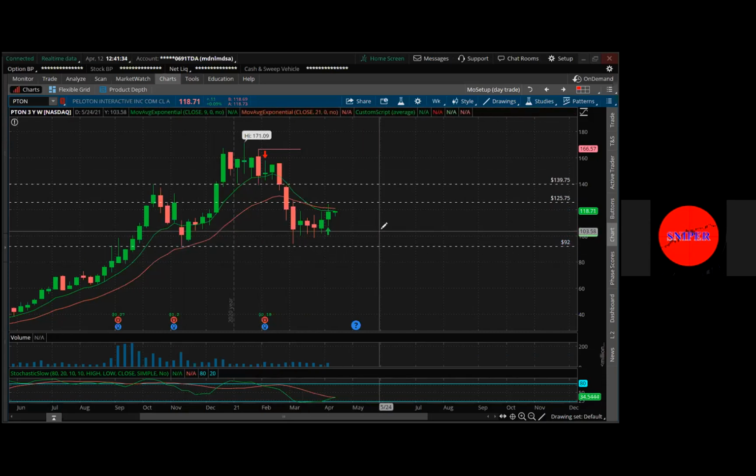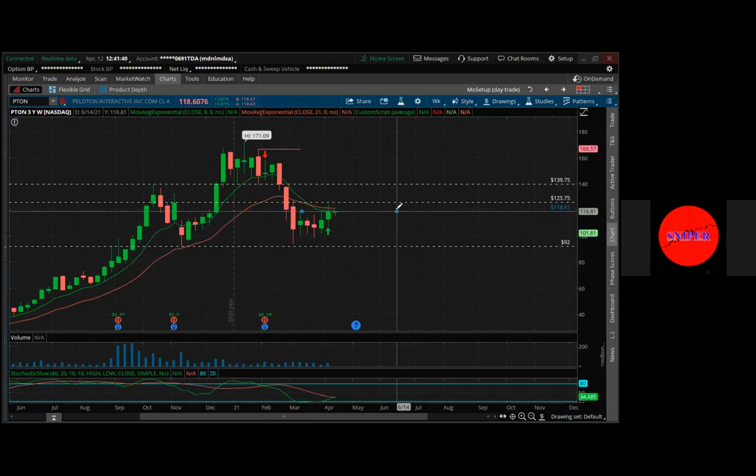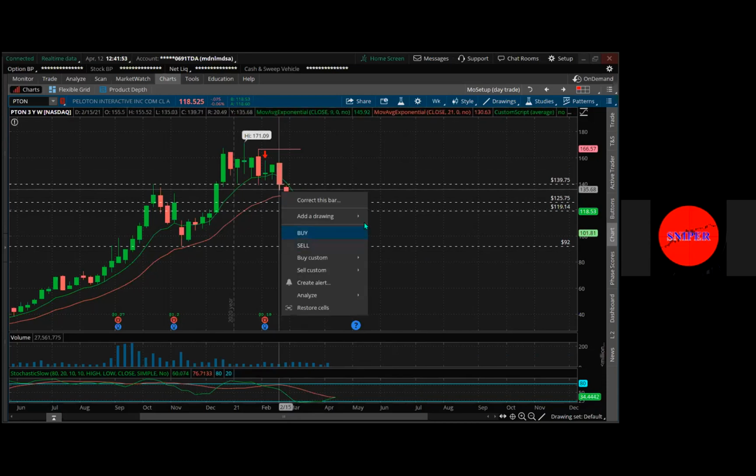All right. Next is this high right here as well, 119.12. All right, so these are very clear. You could also put this low right here, 135.03.